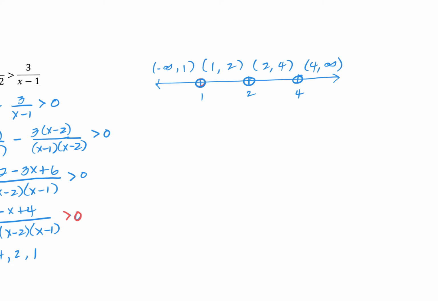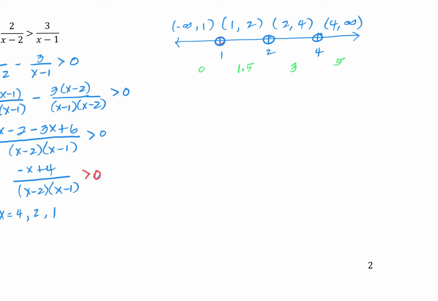Test point, something less than 1, 0 is nice. Between 1 and 2, I'm going to write it as the decimal 1.5 because we can always just plug that in a calculator. You could also put 3 halves, but I don't want to work with fractions. And then between 2 and 4, 3 seems reasonable. Greater than 4, 5.